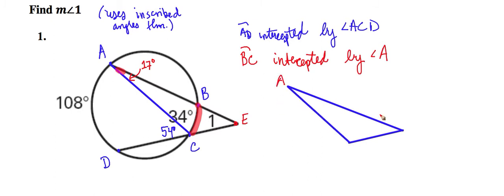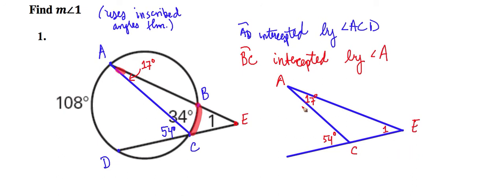And this is A, E right here, and this is C. And actually, this line here, it extends out a little bit further. Okay, so we have this here is 54 degrees, this here is 17 degrees, and this here is angle 1, or angle E.